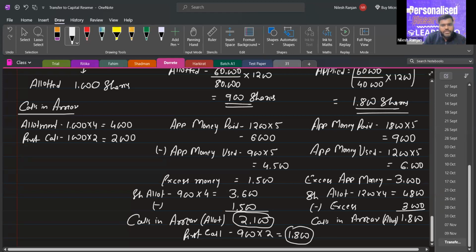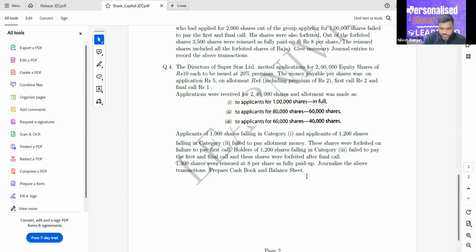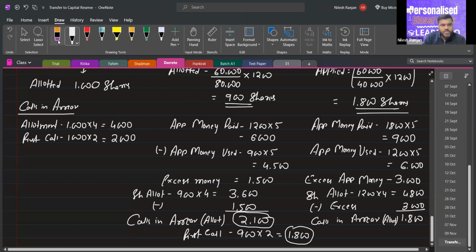Actually, no. Wait. No. He already paid, so no calls in arrears on allotment. He paid all the money on allotment. The category third failed to pay the first and final call. So there is no calls in arrears on allotment.